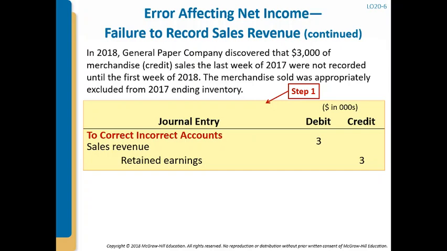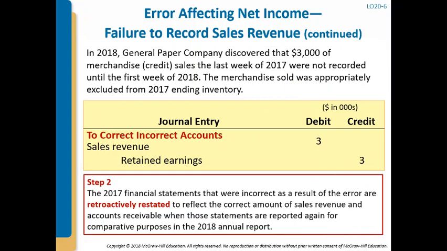So we correct the incorrect accounts. The 2017 financial statements that were incorrect as a result of the error are retroactively restated to reflect the correct amount of sales revenue.